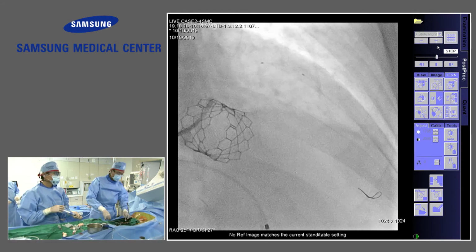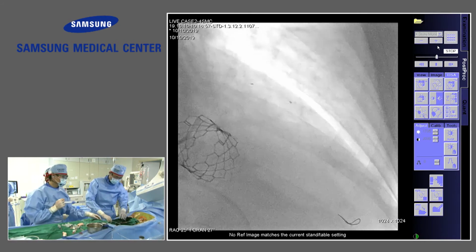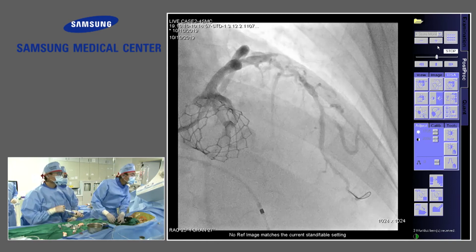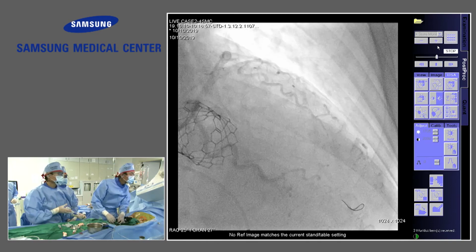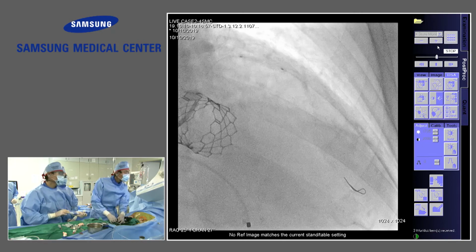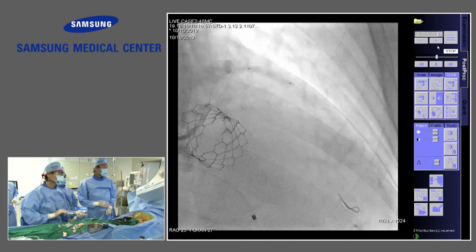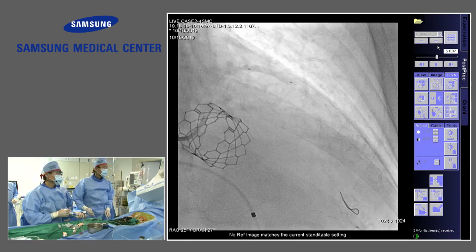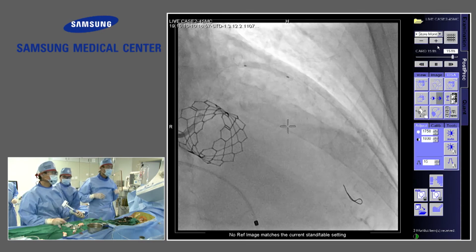In a case that Dr. Kim had, it was heavily calcified bicuspid. You should always think of a little bit downsizing and the ability to post-dilate with a bigger balloon. So this is a very important take-home message for any TAVI in the future, that we're going to see more and more younger and bicuspid patients.